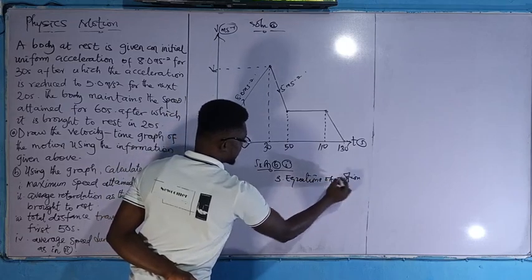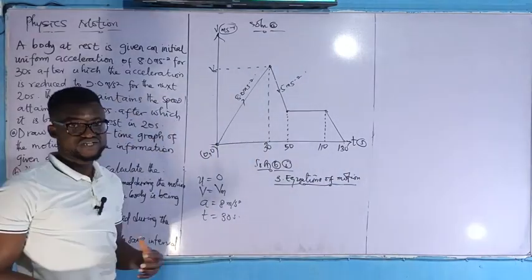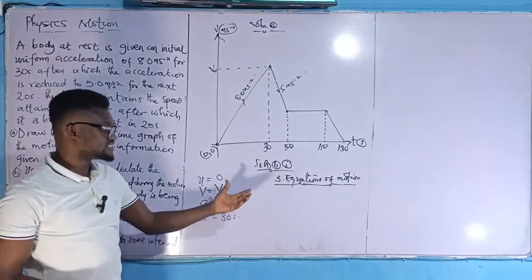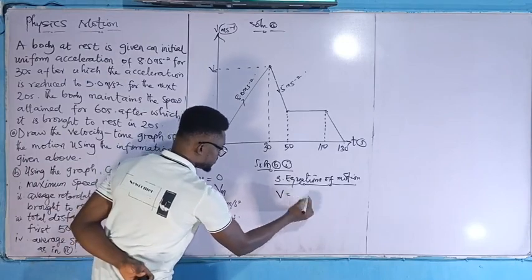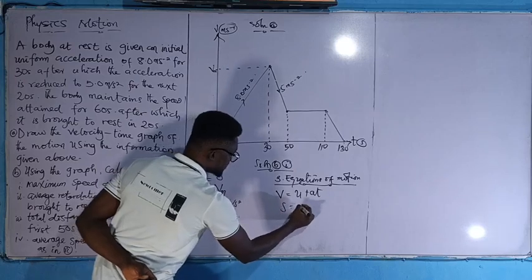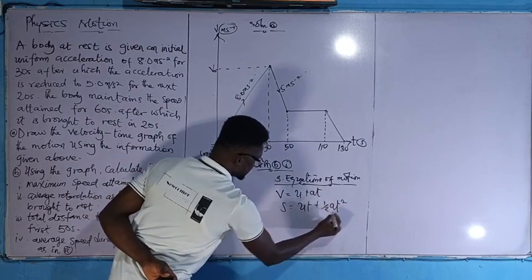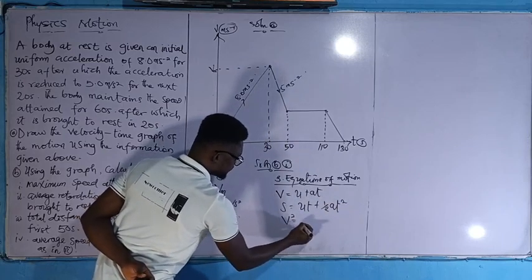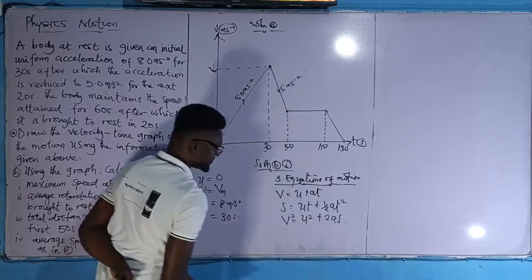I will encourage you to go back to the topics I have treated previously in order to master the equations of motion well. The first one, v equal to u plus at. The second one, s equal to ut plus half at squared. The third one, v squared equal to u squared plus 2as.